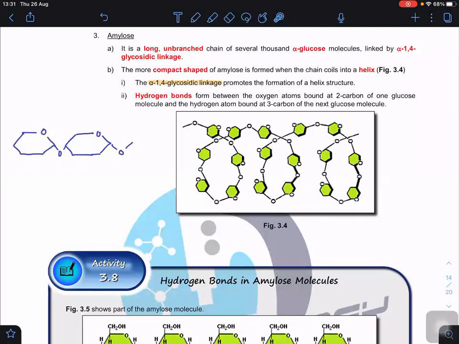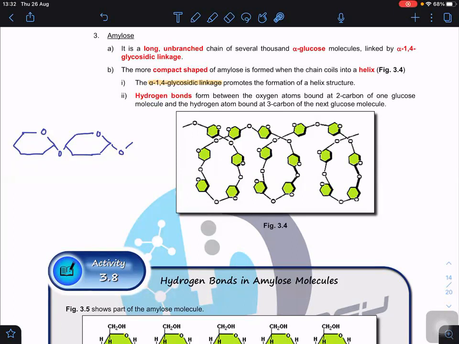It will consist of alpha-1,4 linkages, and alpha-1,4 will give us a single unbranched chain. Also, because of this alpha-1,4 glycosidic linkage, it makes this molecule turn into the helical shape. So let us look at how this helical shape actually takes place because of the extra forces here. So what are the extra forces?